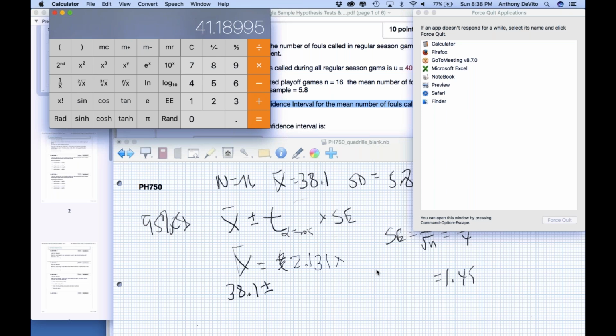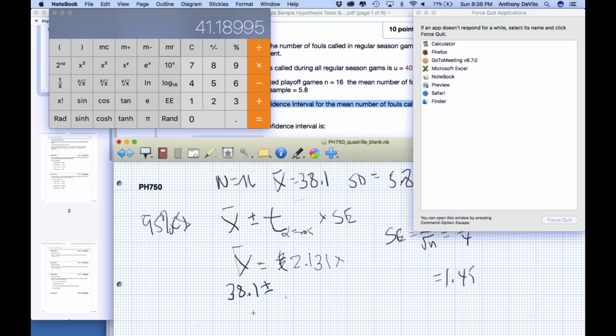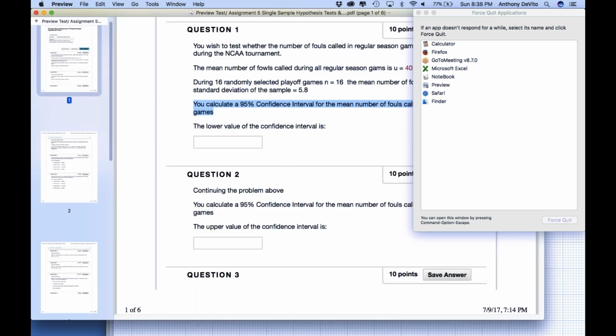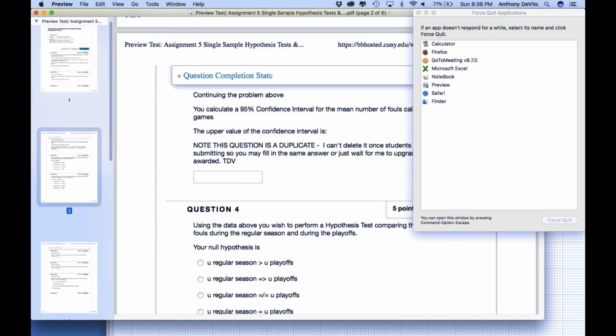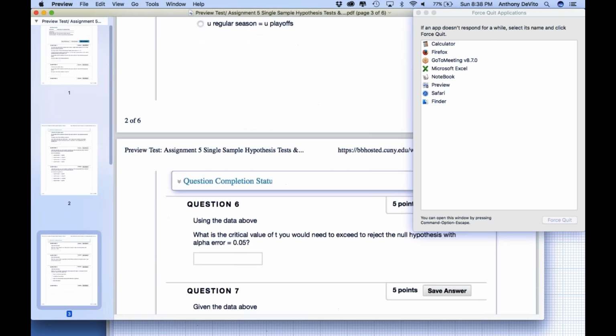So roughly 35 to 41. The hardest part about this whole thing is basically remembering how to calculate what t-score to use in order to do this. Okay, so now let's get past this idea of confidence intervals.